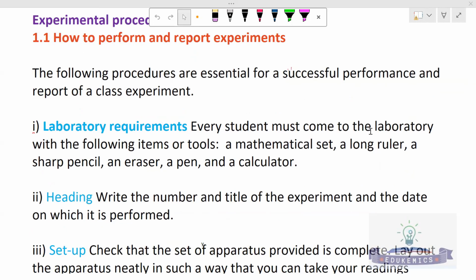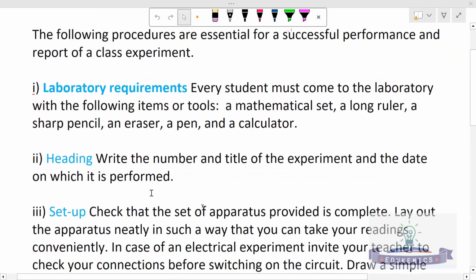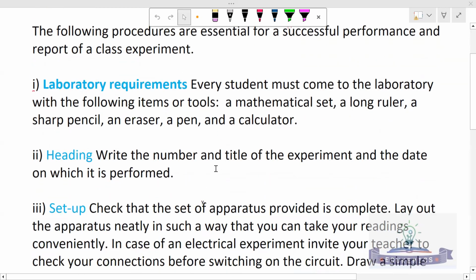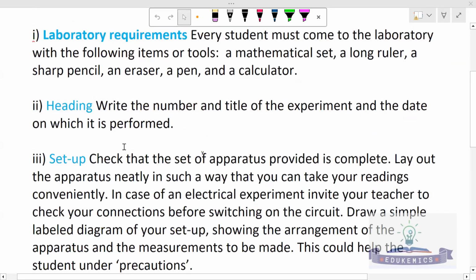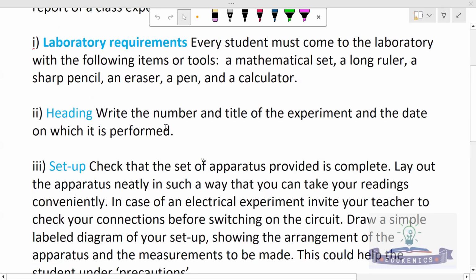So every student must come to the laboratory with a mathematical set, a ruler, a sharp pencil, an eraser, a pen, and a calculator. So you have to write the number and title of the experiment and the date on which it is performed. For the WAEC purpose, what you will be required is the title of the experiment.